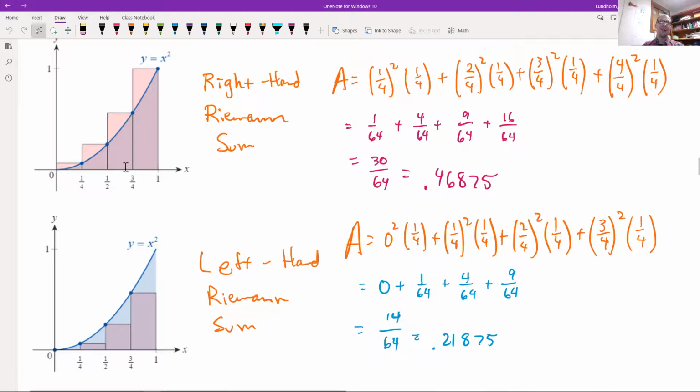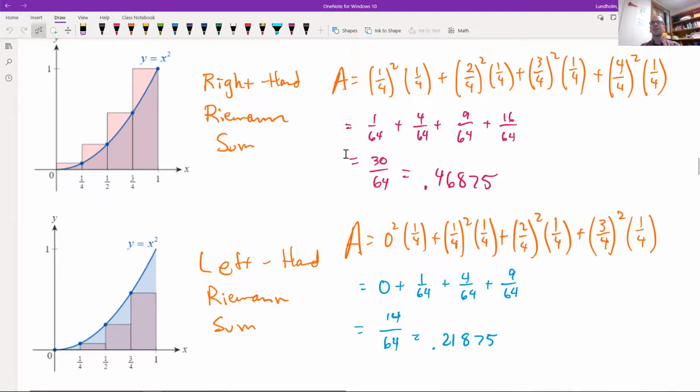So here we use 1 as an x value and follow that all the way up to the function x squared. So we get 1 squared here for a height, or 3/4 squared for a height here, or 1/2 squared for a height here. We're using the right hand of each interval as our sample point to find the height of our rectangles.